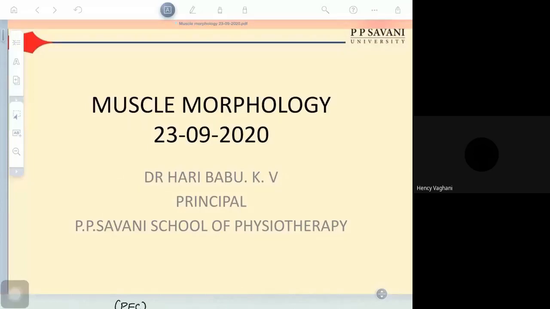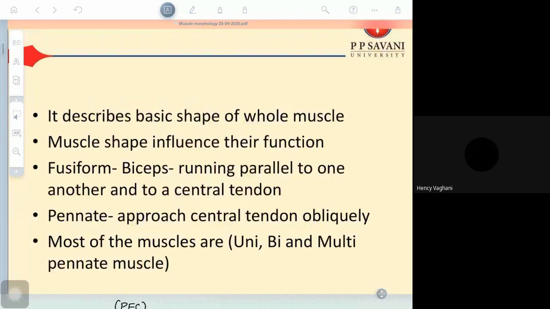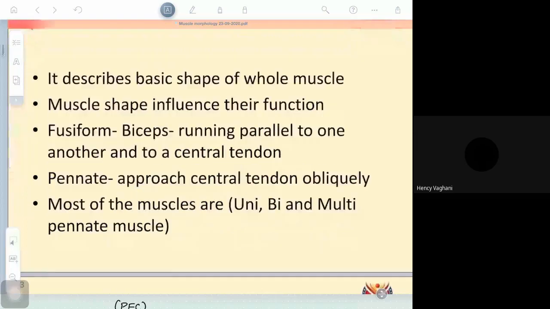So the topic is muscle morphology. So what is muscle morphology? It describes the shape of the muscle.